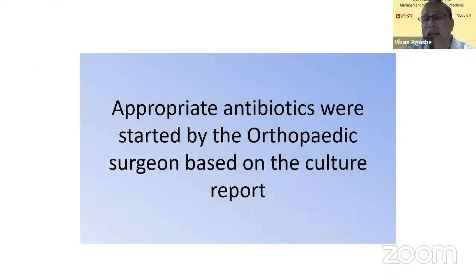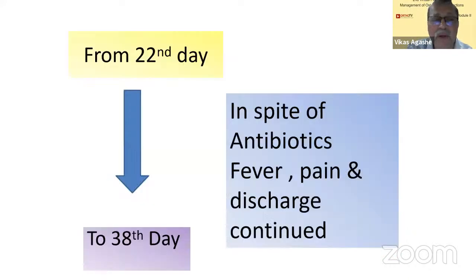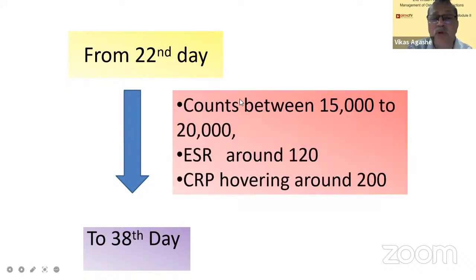The surgeon started antibiotics based on the culture pattern. However, from 22nd day to 38th day, in spite of antibiotics, the fever, pain and discharge continued. His counts varied between 15,000 to 20,000. ESR and CRP were very high.